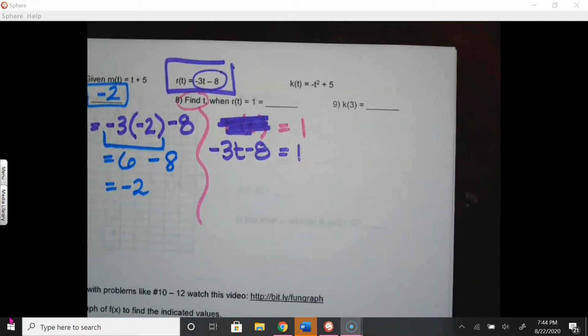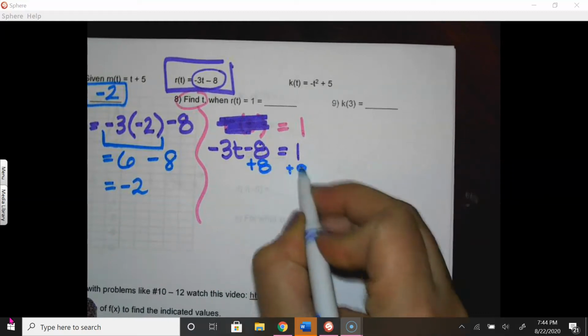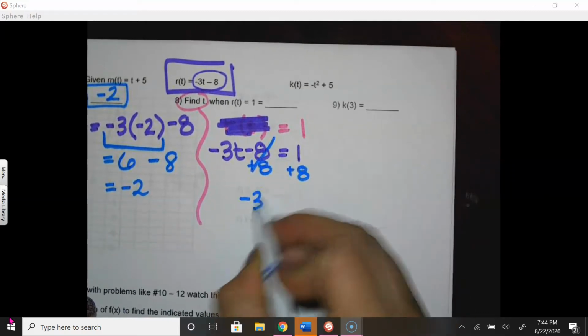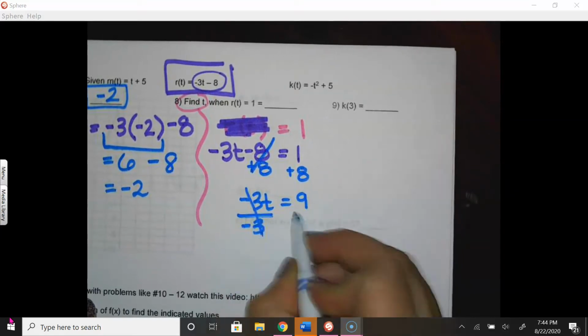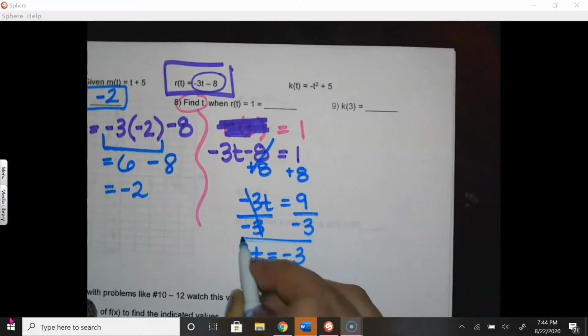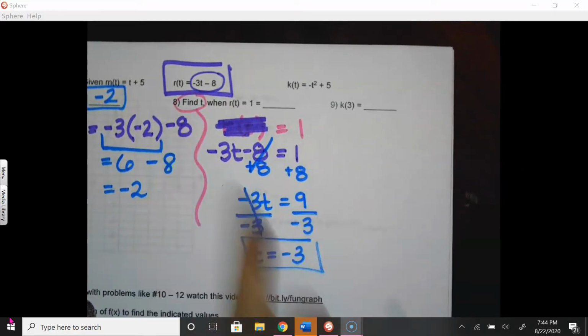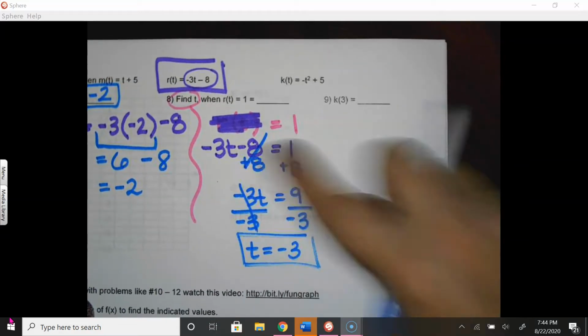And now we're going to go ahead and solve for t. So I'm going to add 8 to both sides. And then divide by -3. And we get t equals -3. So it said find t, and we found t. So if t was -3, we'd get the output of 1.